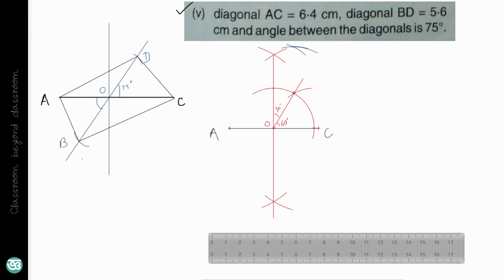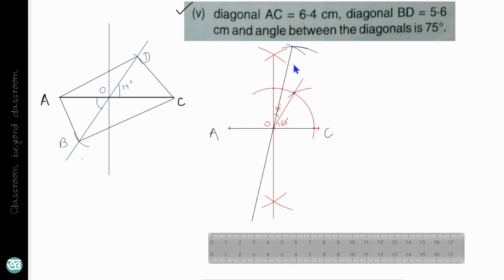Now if we join this point of intersection and this point O, this angle is 75 degree and we can extend this up to any length. So in this line, point B will be somewhere over here and point D will be over here.